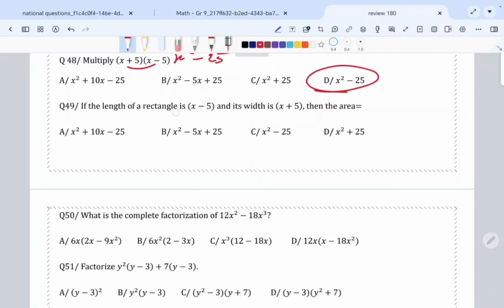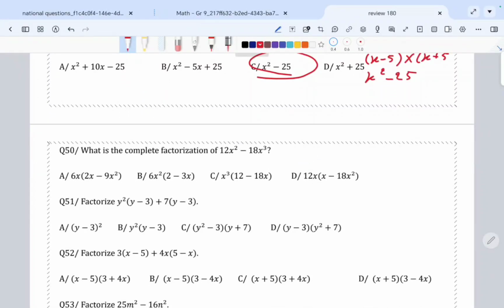Area of rectangle is L times W. So it will be x minus 5 times x plus 5. We have double x, so it will be x power 2. Negative times positive is negative. 5 times 5, 25. Which one is the correct answer? C. Okay.